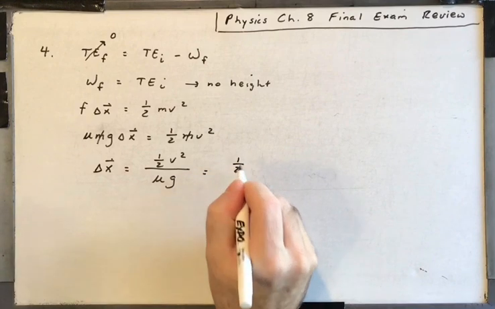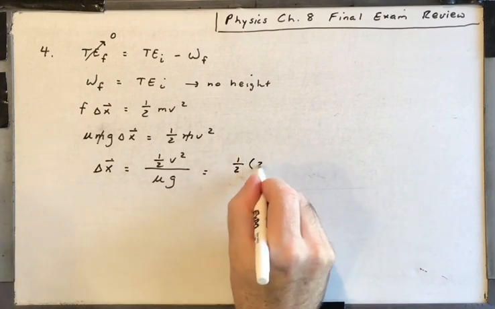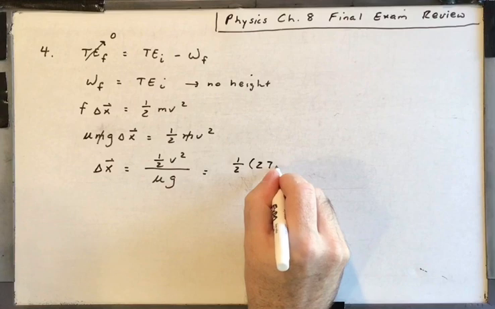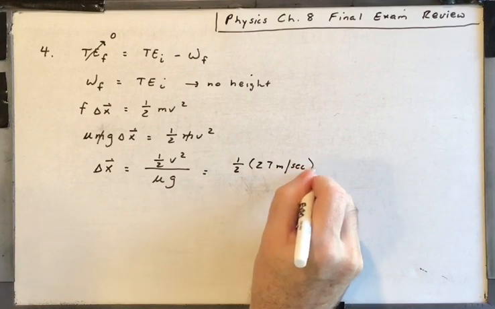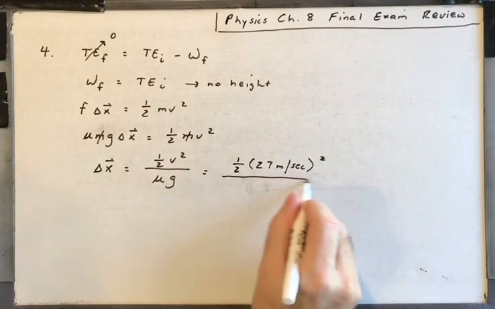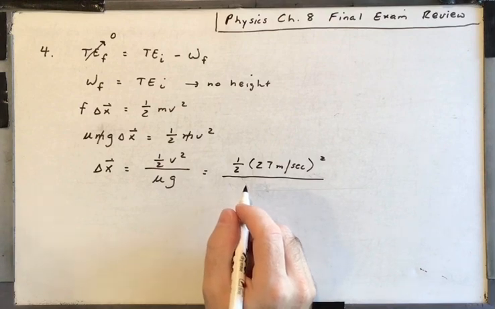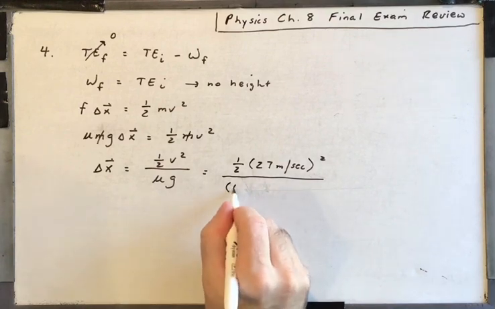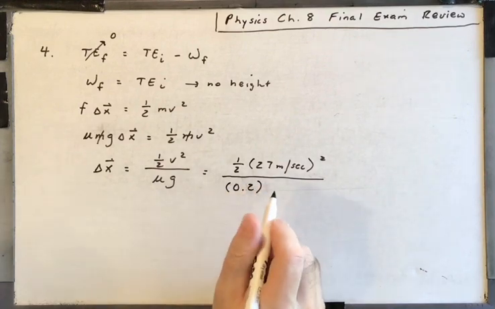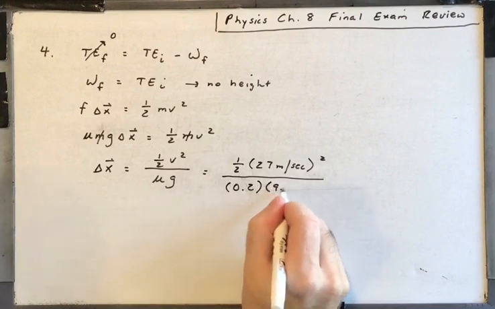So the initial boot was 27 meters per second. Don't forget to square. The gym floor was very slick. It's just been recently waxed, I guess. 0.2, goodness. And gravity 9.8.